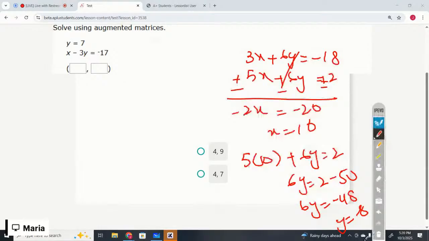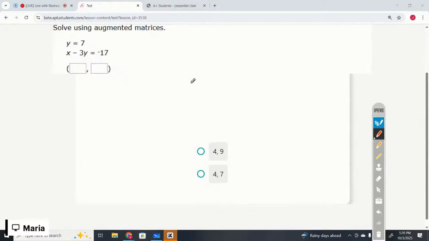Let's just rewrite the augmented matrix. x is 0, y is 1 and 7. x is 1, y is negative 3 and negative 17. So let's just convert this portion into the identity matrix.